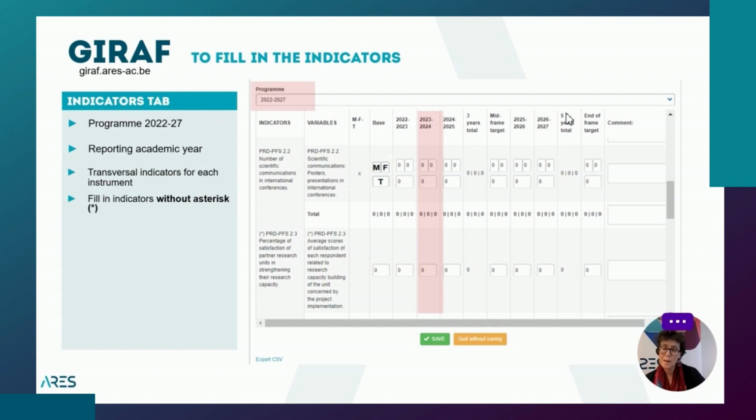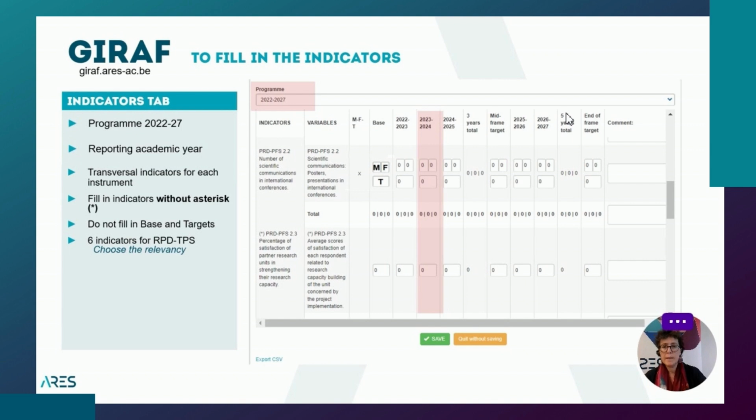The indicators with asterisk will be completed by other ways, such as workshops or surveys that will be done by ARES. You do not fill in the base and targets, because that's also a work for ARES.